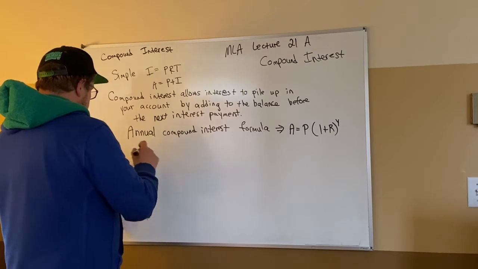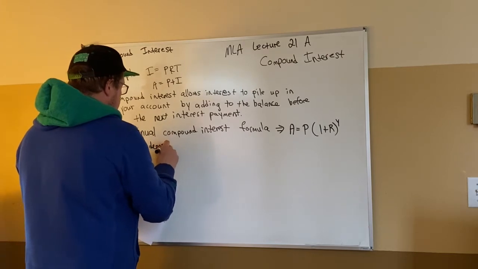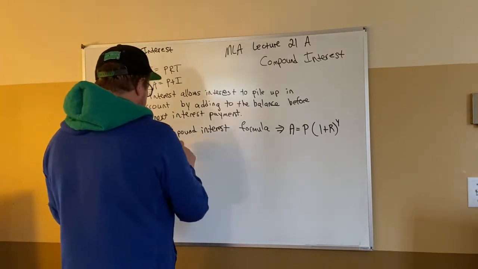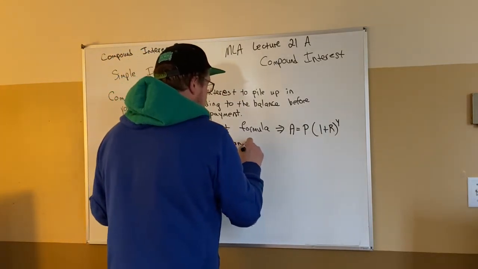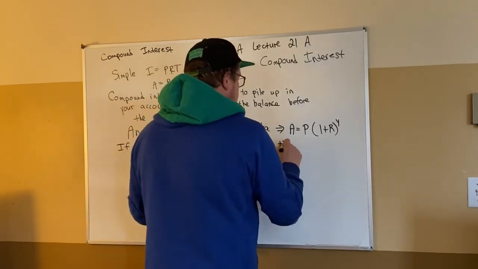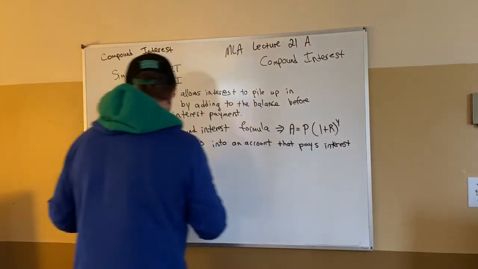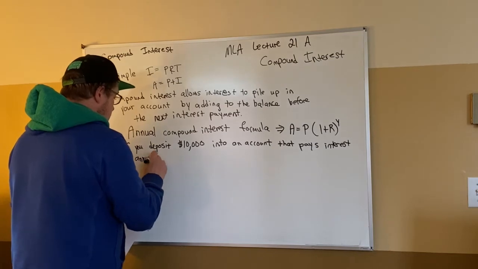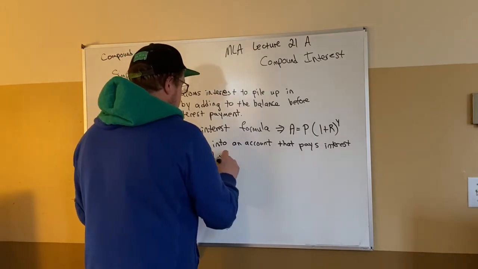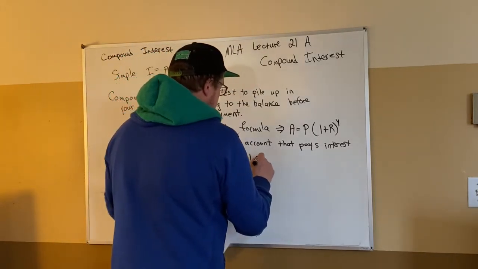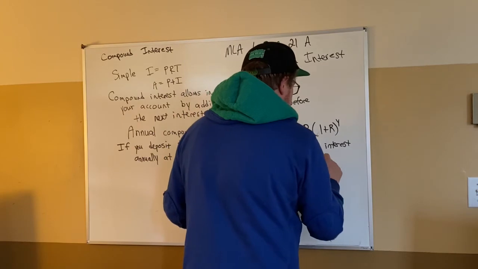So if you deposit $10,000 into an account that pays interest annually at 10%, find your final account balance after 25 years.